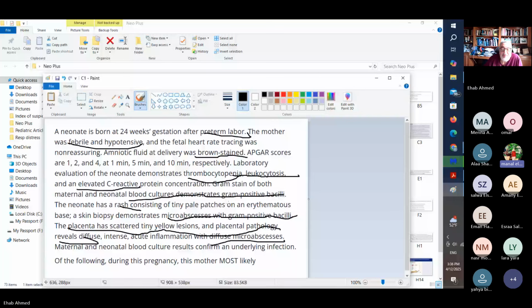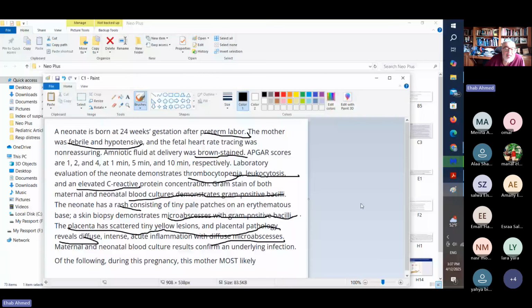Yes, it is listeria. And as we are going to see in the critique, diagnosis of listeria is not easy. When you send a sample to the microbiology lab, you should let them know we are suspecting listeria, because if they don't look for it, they will misdiagnose it as cocobacilli, diphtheroids, as we are going to see in the vignette.